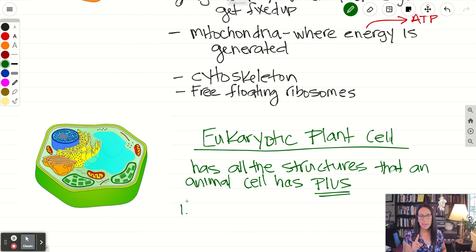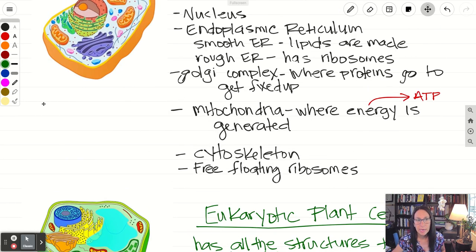One thing is that a plant cell has a cell wall. The animal cell does not have a cell wall. On the outside here, it has a cell membrane.